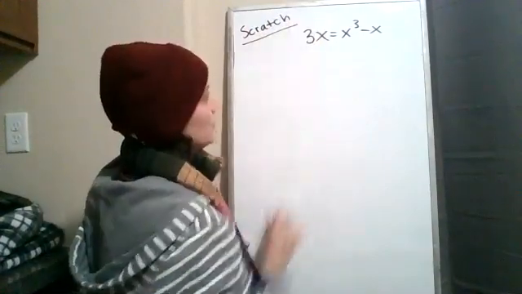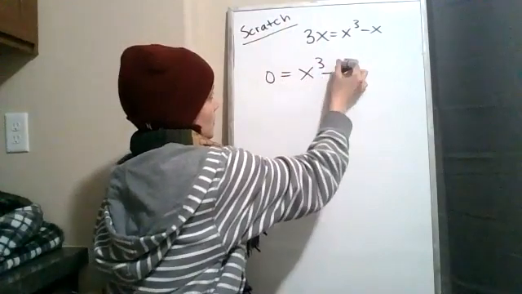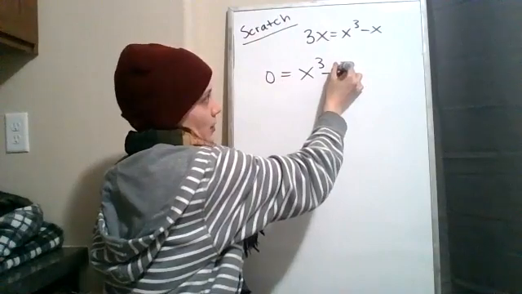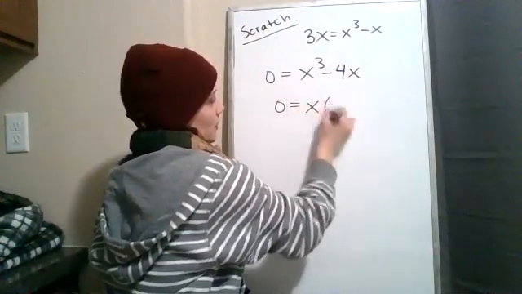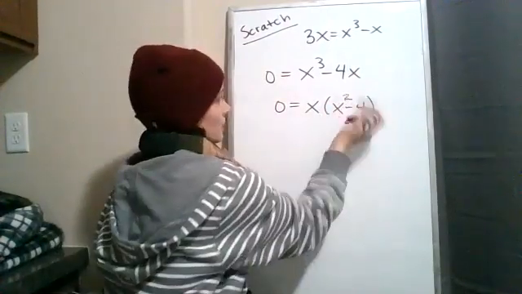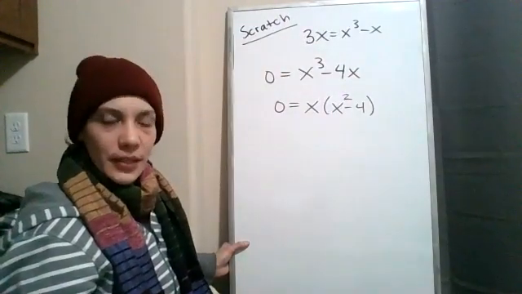Let's see. Minus x minus 3x, so minus 4x. All right, so factor.